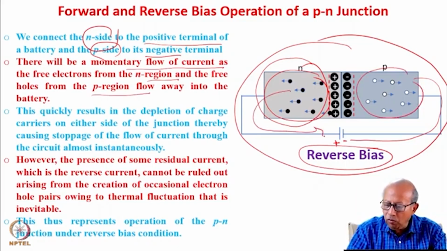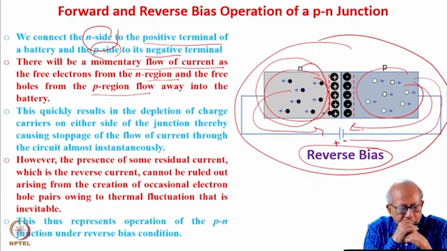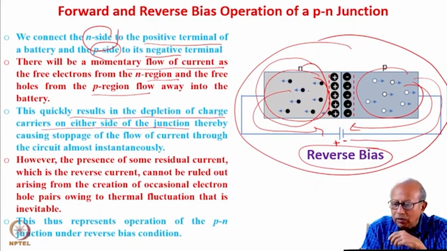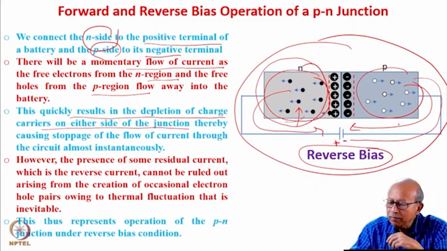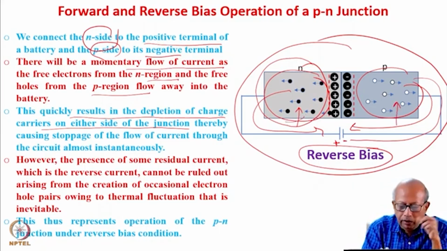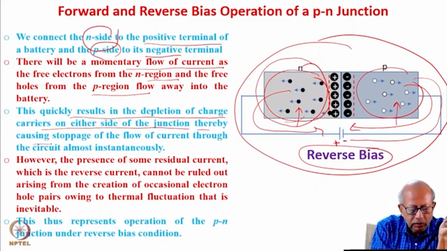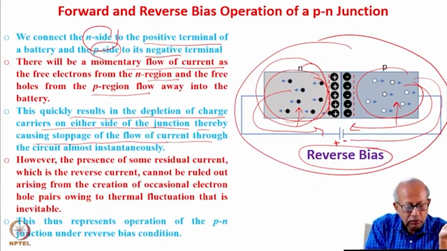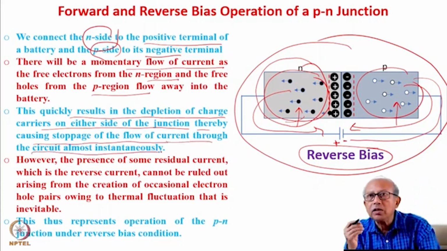So they will flow away into the battery and they will neutralize each other. This quickly results in the depletion of charge carriers on either side of the junction. So charges will be depleted both in the N region and in the P region. And thereby it will cause stoppage of the flow of any further current through the circuit almost instantaneously.